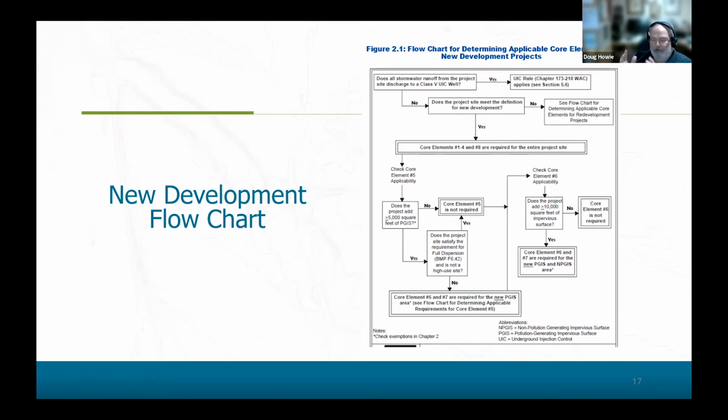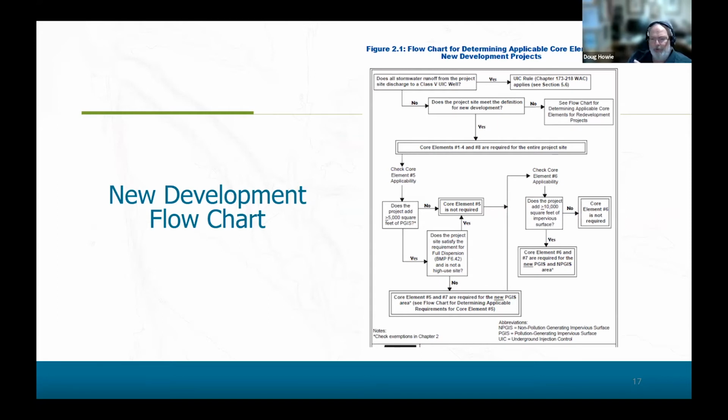You need to go to the glossary to get the definition of what that means. So let's go through this for a second. I have a project with 13,000 square feet of new impervious surface. And my building is 9,000 square feet.